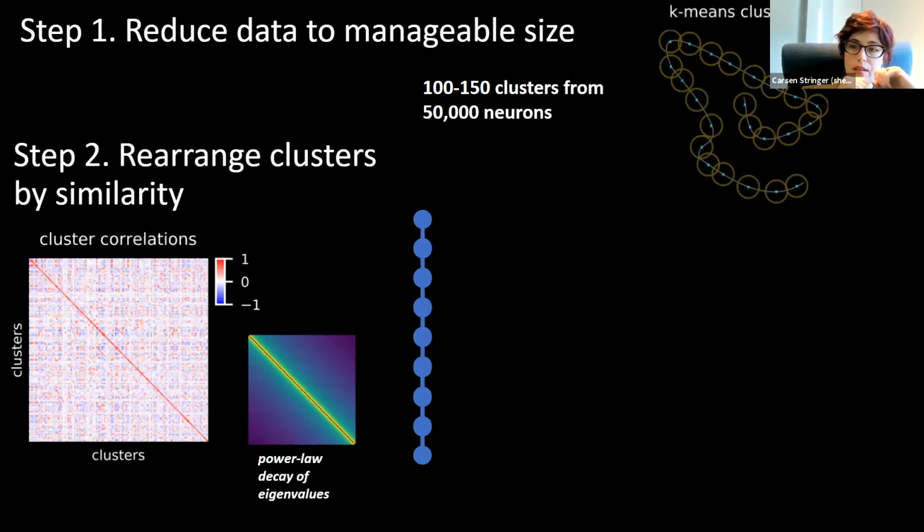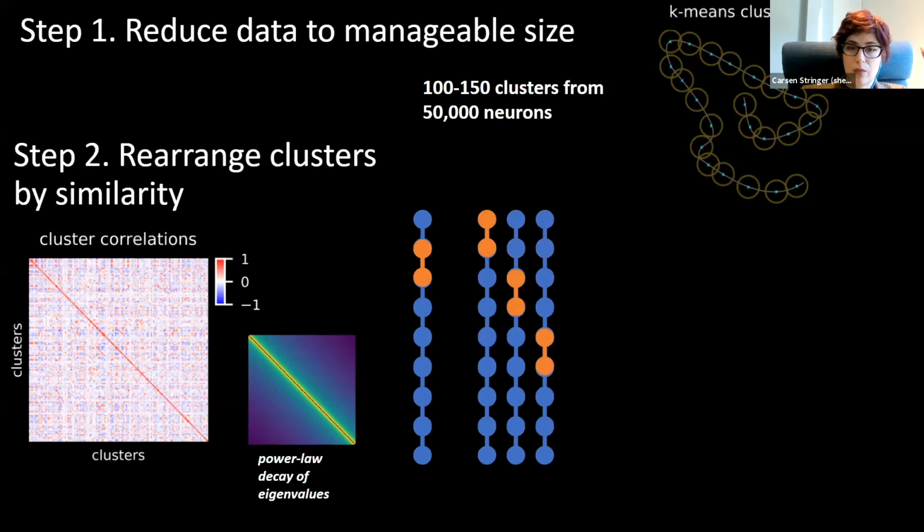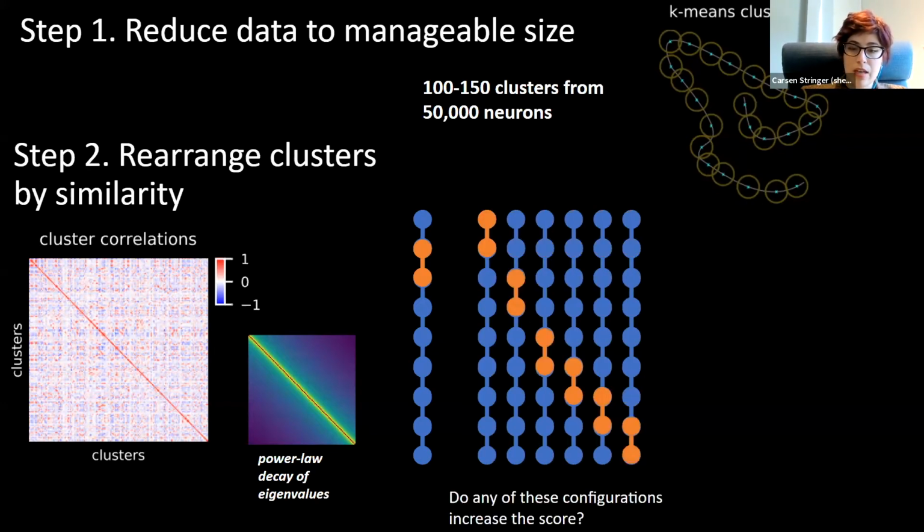And at every step in this iterative optimization, we ask if we move a given segment of two nodes to a different position, basically we try every single position, and we ask, do any of these positions increase this dot product between this matrix and this matrix? And if it does, then we move those nodes there.